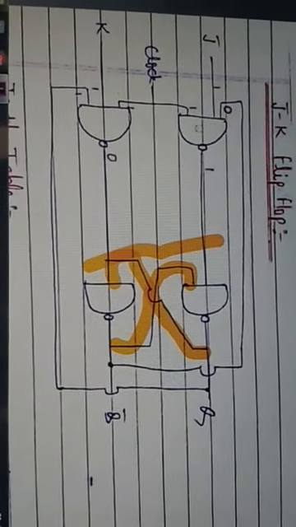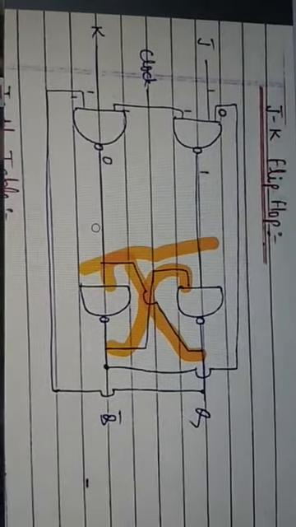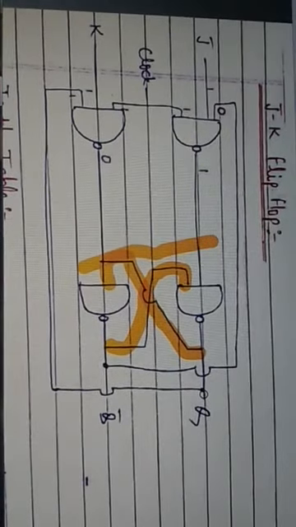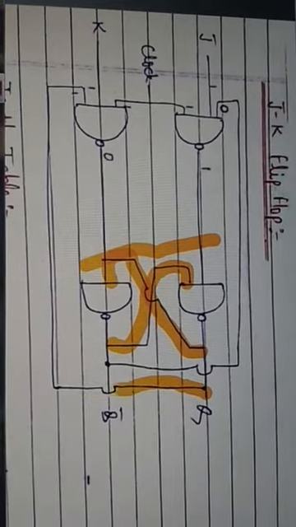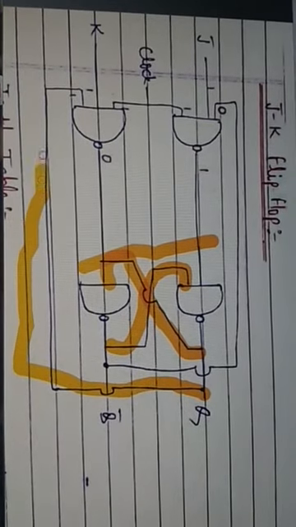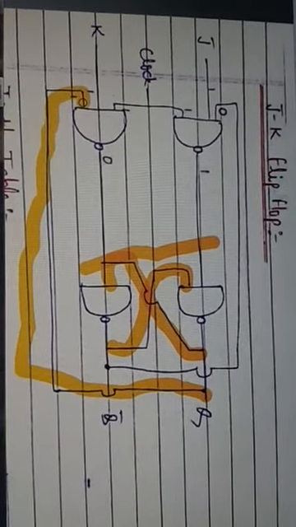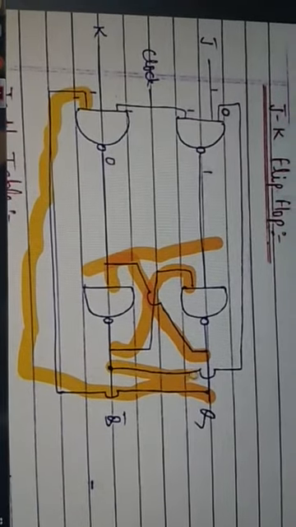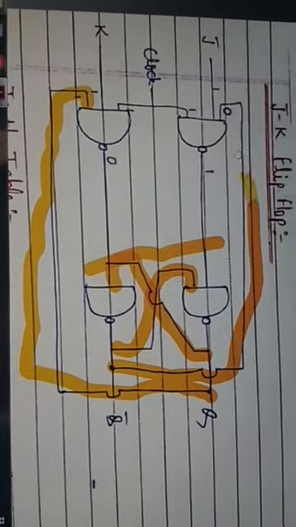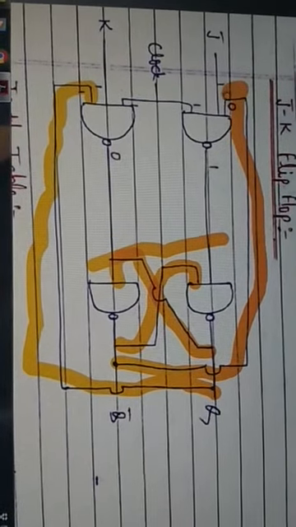And how do gate 1 and gate 2 work? The output of gate number 2 is an input of gate number 3. Similarly, the output of gate number 4 is an input of gate number 1.